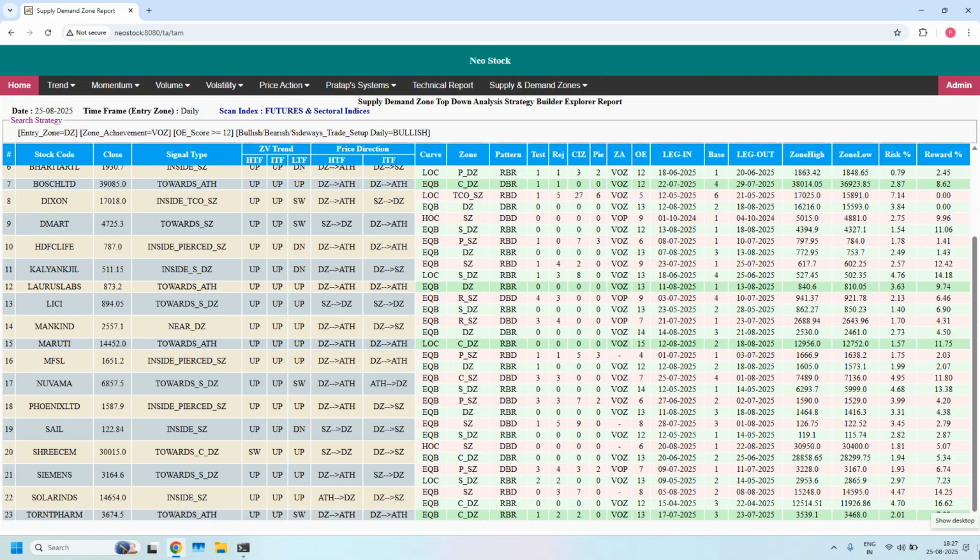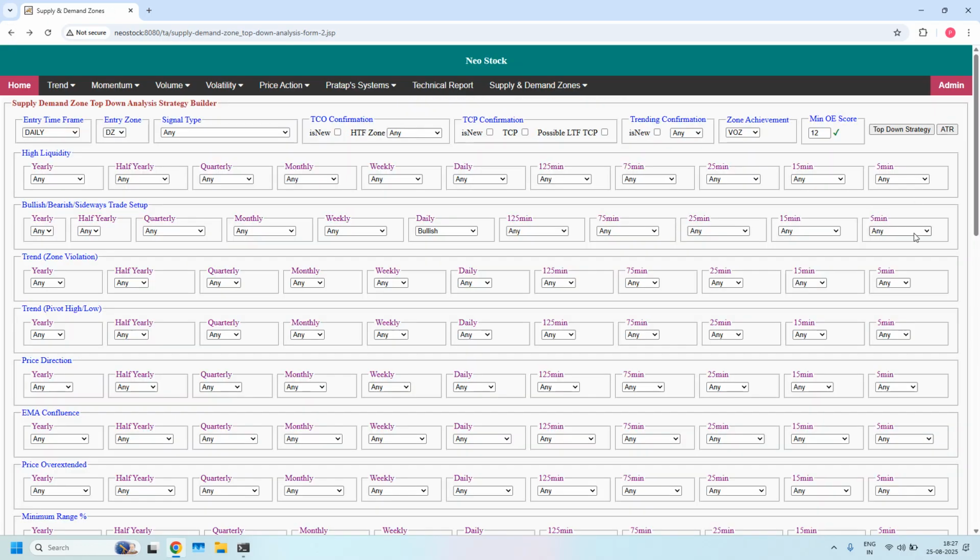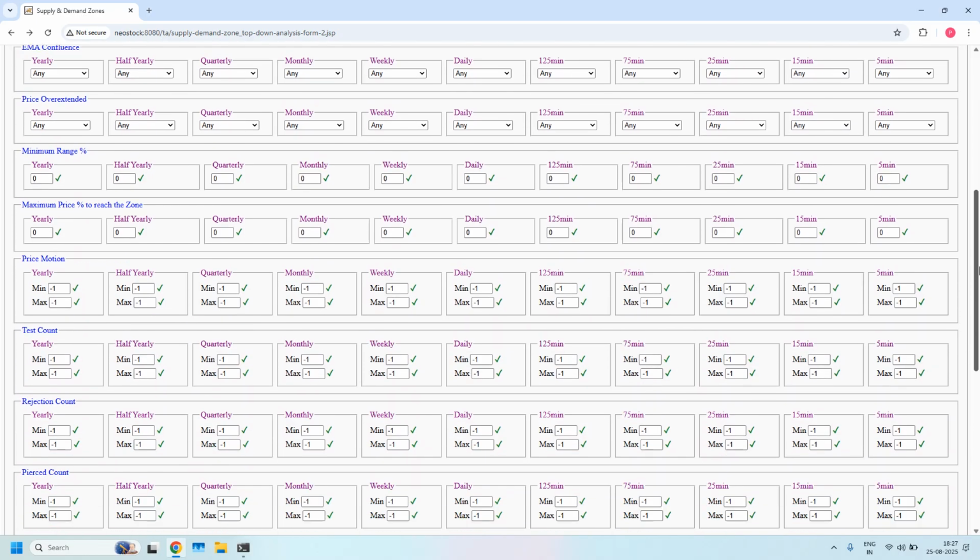For that we define different zone confluence and EMA confluence strategies that I explained in lesson 27. So the first strategy, LTF and ITF demand zone confluence, and then ITF EMA confluence. So I am applying that strategy on these 23 stocks. First I will filter based on LTF and ITF demand zone confluence.